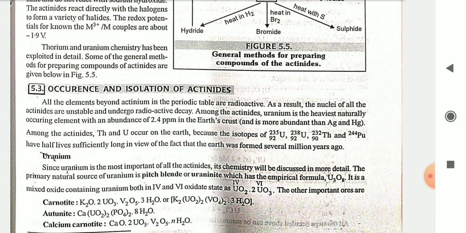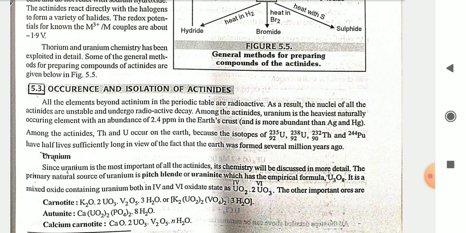The primary natural source of uranium is pitchblende or uraninite, which has the empirical formula U3O8. It is a mixed oxide containing uranium in both +4 and +6 oxidation states, as UO2·2UO3.